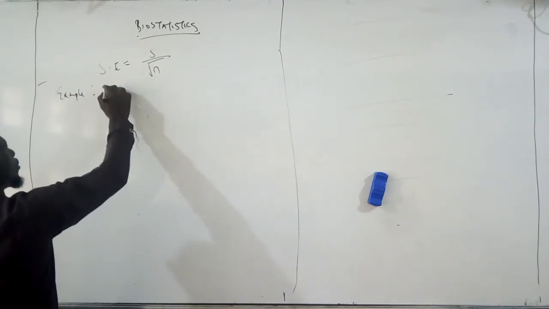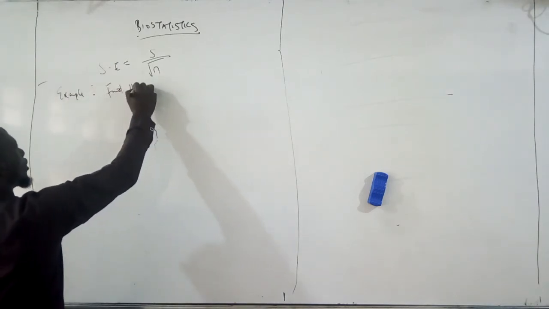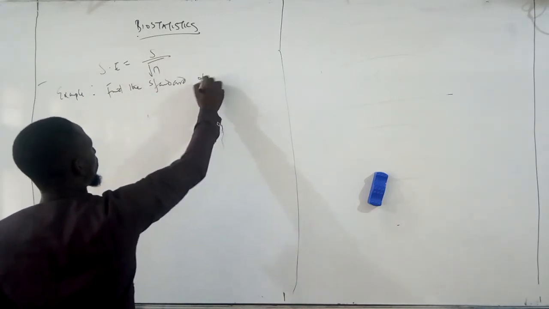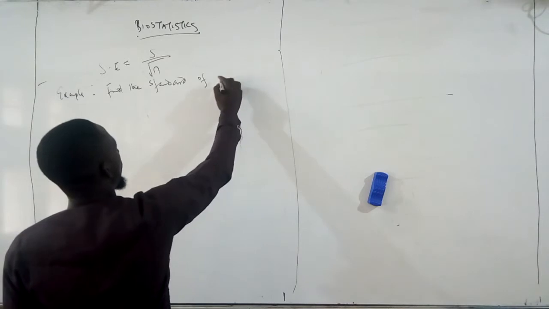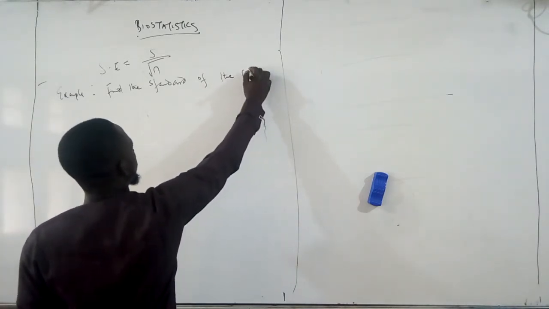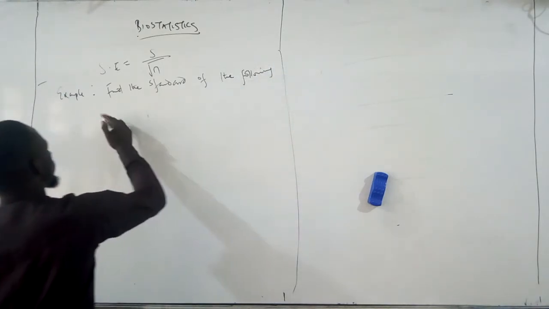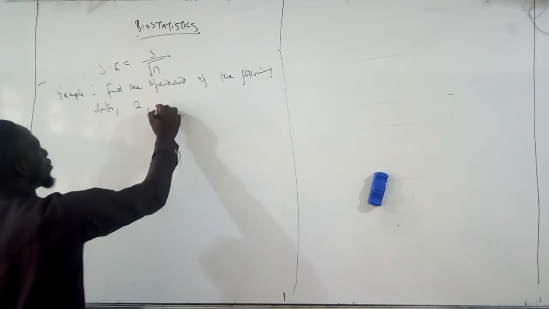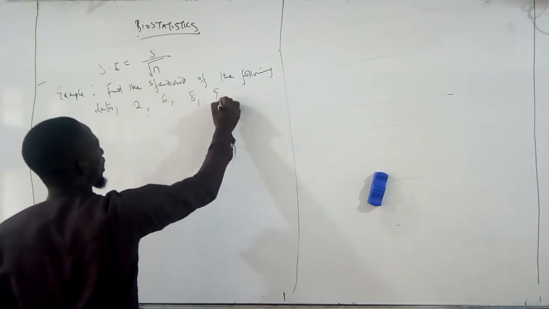For instance, a question was given to you, let's say, as an example. It said you should find the standard error of the following data. You have 2, 6, 8, 9, and 10.